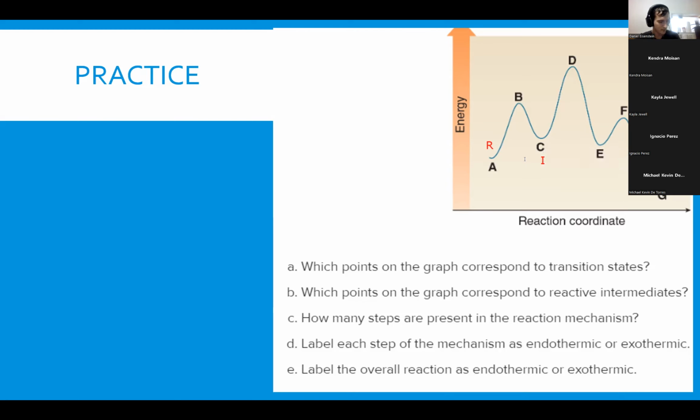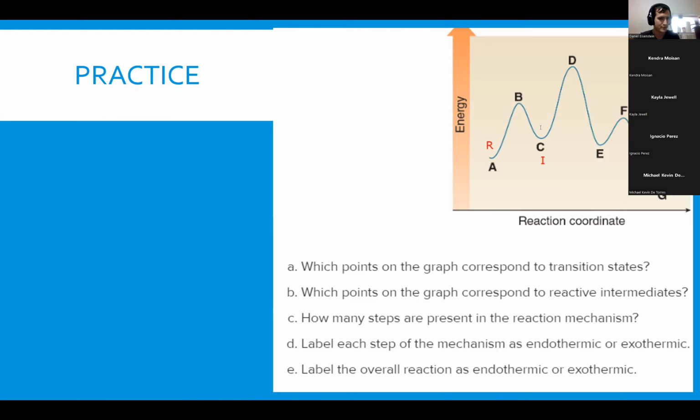Why is it the intermediate? Because it is lower in energy. Understand how scientists define what an intermediate is. An intermediate is defined as a compound that lasts longer than one electron wave. That's very, very fast, like a millionth of a second.